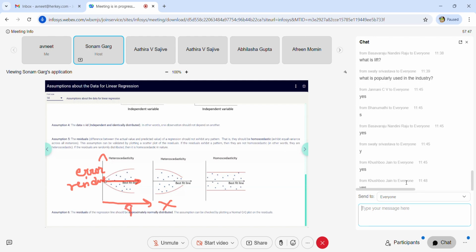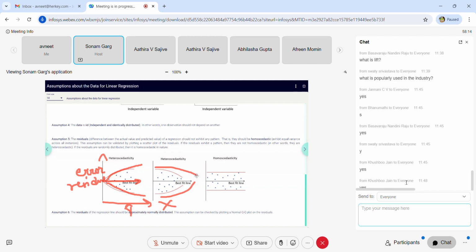Now when we have plotted these errors, it shows a pattern in a shape. Earlier it was close to the best fit line, but now we can see it started spreading outwards. So there's a fixed pattern which it is following. As you go right side towards the x-axis, it started expanding, or it started decreasing.